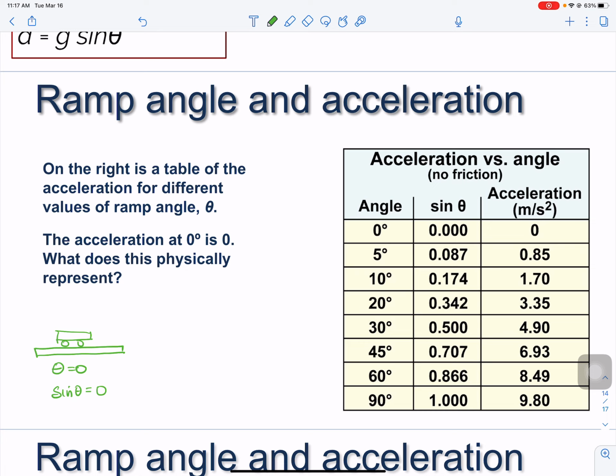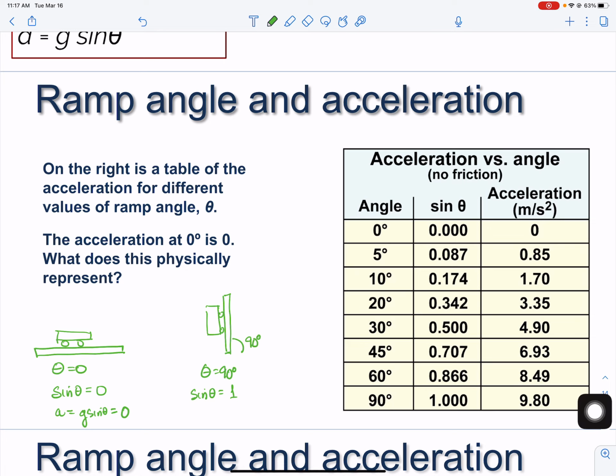Let's look at the other extreme. If instead we have a maximum angle, so here's my ramp, and here my angle is 90 degrees, theta is equal to 90 degrees. We know that the sine of theta is equal to 1.